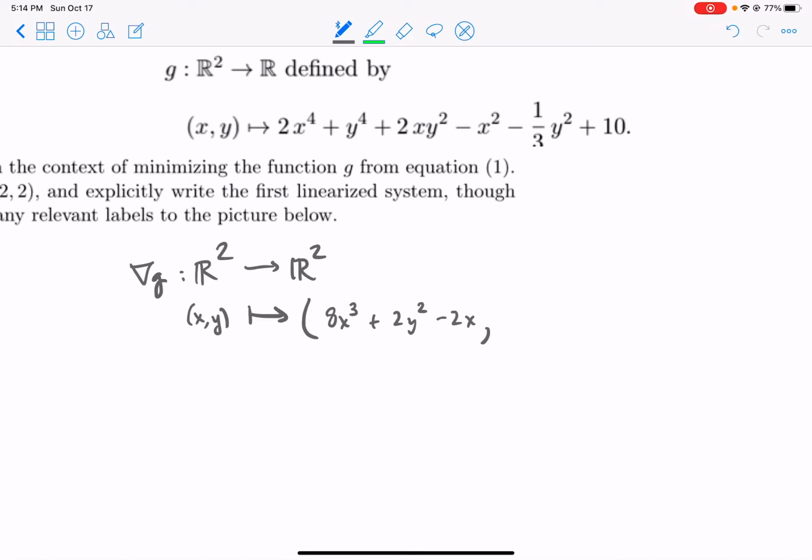Second component is partial y. Here we get a 4y to the third, here we get a 4xy, and a minus 2/3 y. Okay, so there's the gradient.